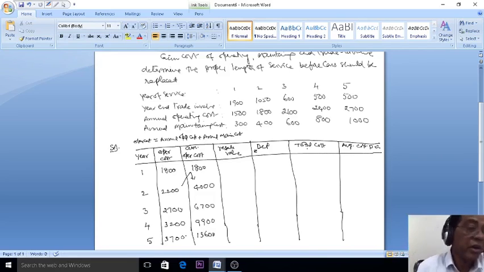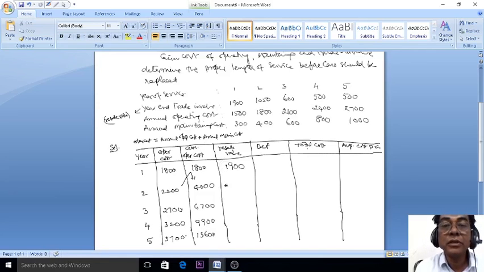Okay, resale value or scrap, whatever it is given in the question. Resale value or year-end trend value, both are the same. This is also called resale value. So the resale value in the first year is 1900, then 1050, 600, 500, 500.